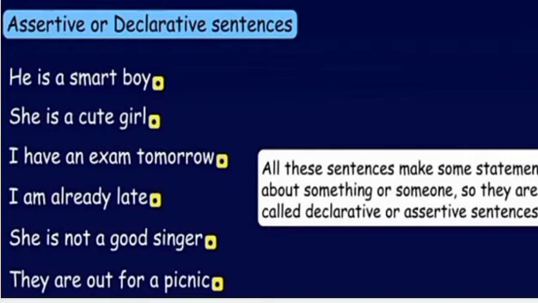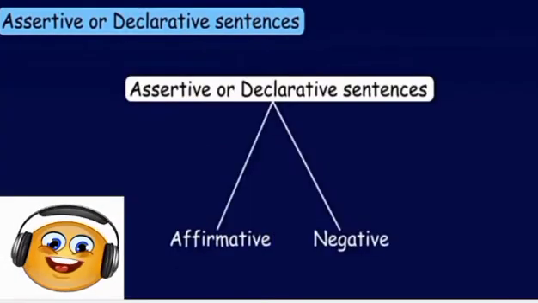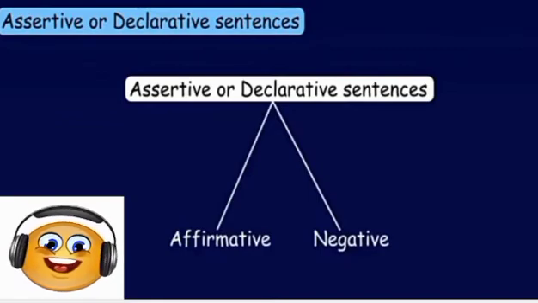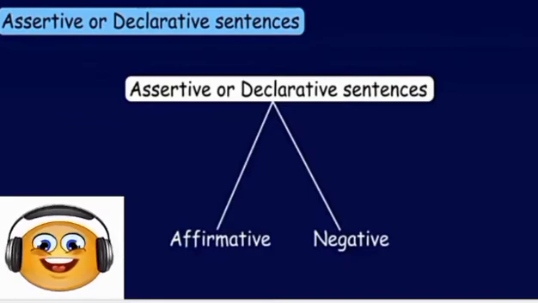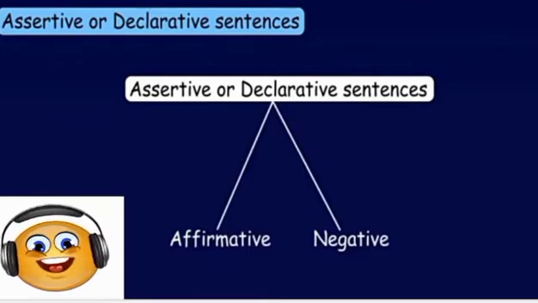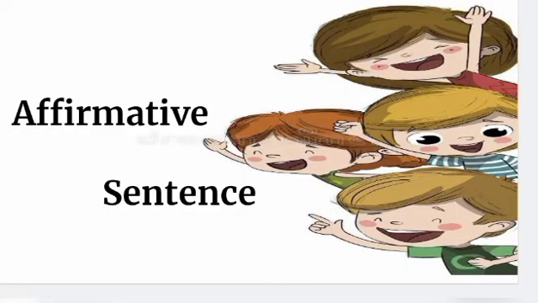Assertive or declarative sentences are mainly divided into two parts: affirmative and negative. Okay children, now let's see what is meant by affirmative sentence.